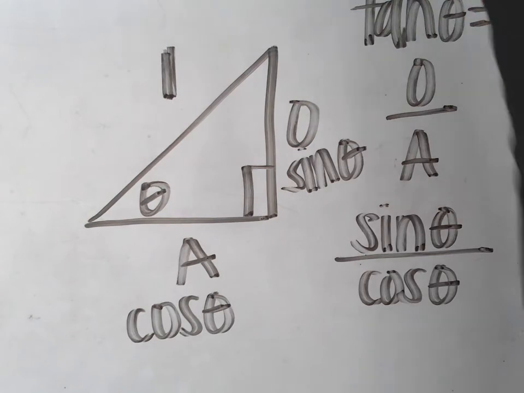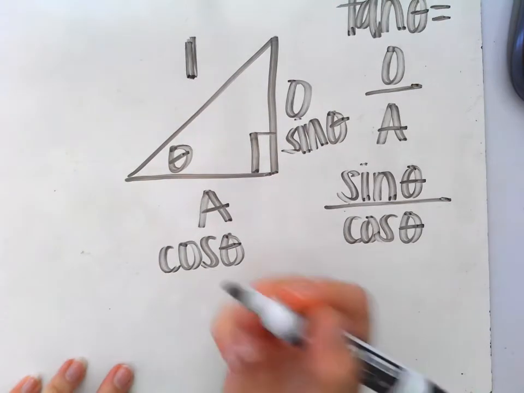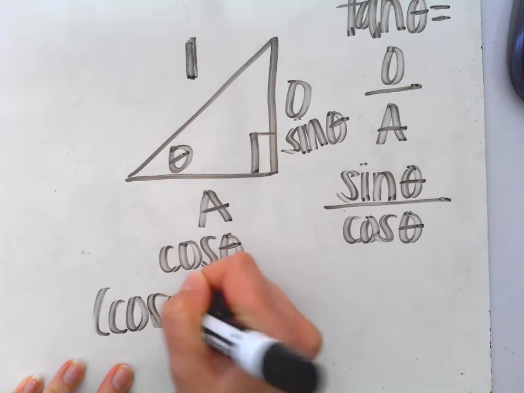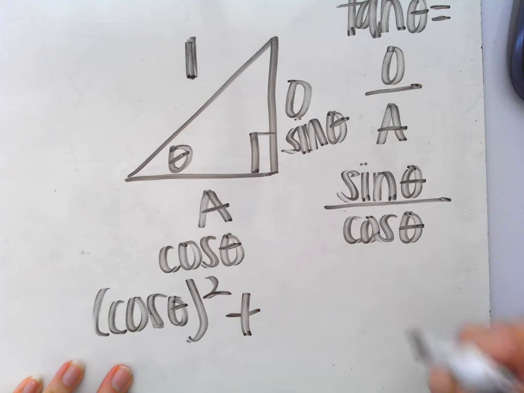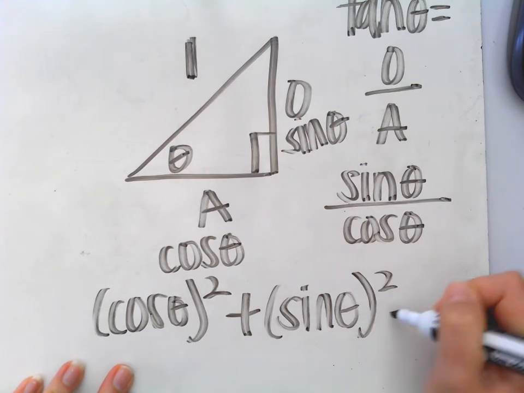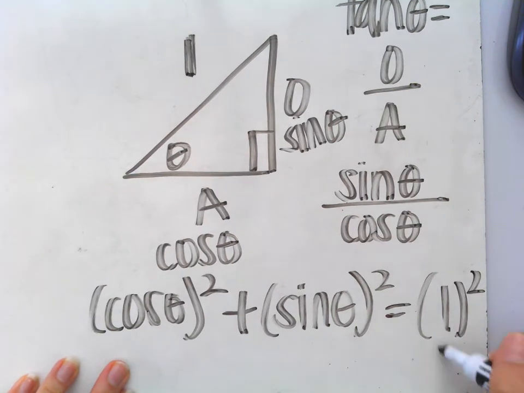Going on that notion, that would be cosine theta squared plus another leg squared, sine theta squared, equals 1 squared. Well, we know 1 squared is just 1. And we know cosine theta squared, that's not how we write it.